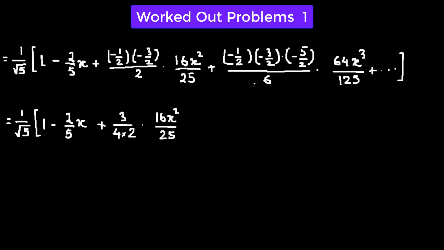Then we have 3 negative numbers multiplied to each other, so that would give us a negative. We have 3 times 5, which is 15, and we have 2 times 2 times 2, which will be 8. So we'll have 8 times 6 in the denominator, times 64x cubed divided by 125, plus the remaining terms.